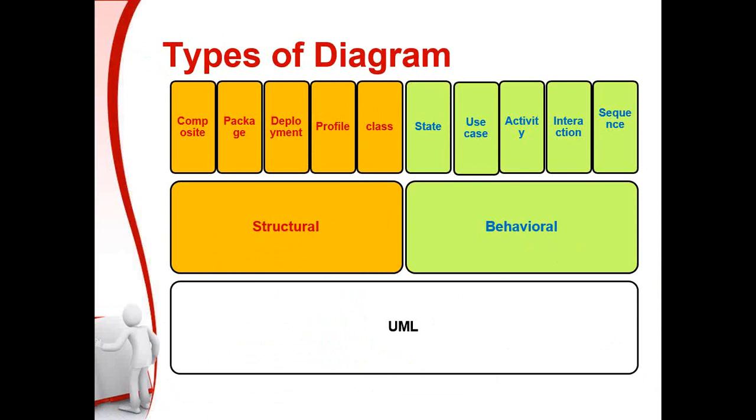Very small example. If I ask someone to write down 5 lines about any topic which you like the most, what will be the activity, what sequence are you going to follow over there? So try to understand the behavior of it.